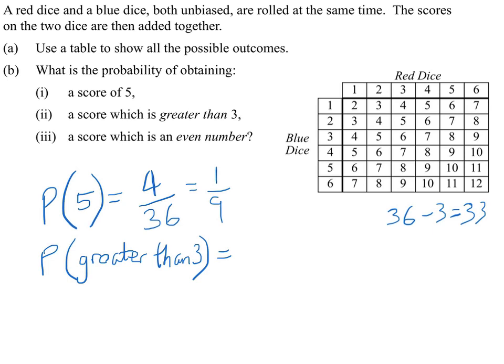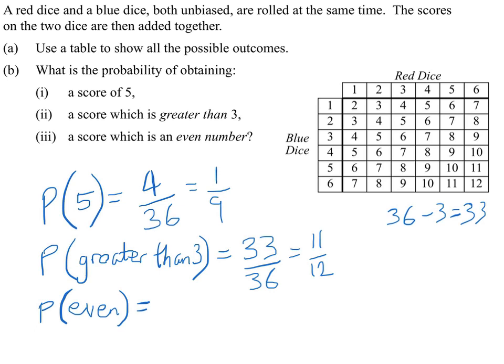So for greater than 3, there are going to be 33 of them out of 36. Now they are both in the 3 times table, so for simplifying, we have 11/12.